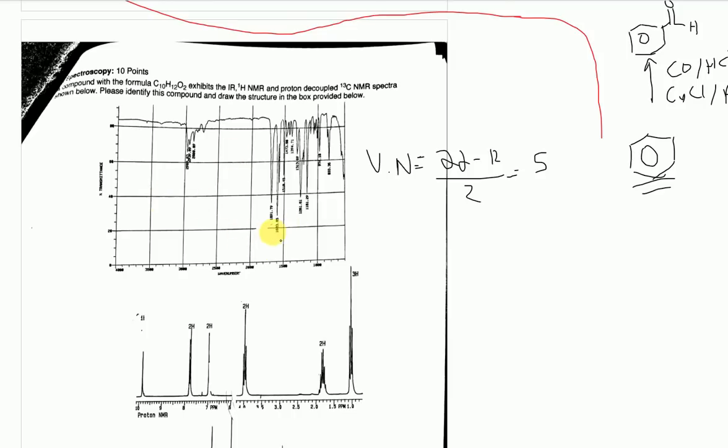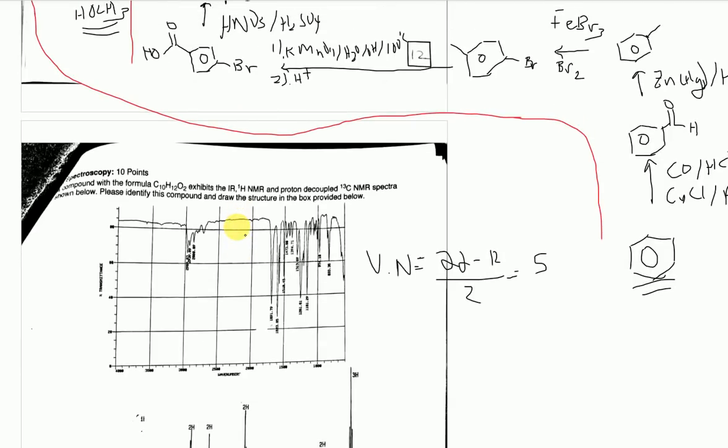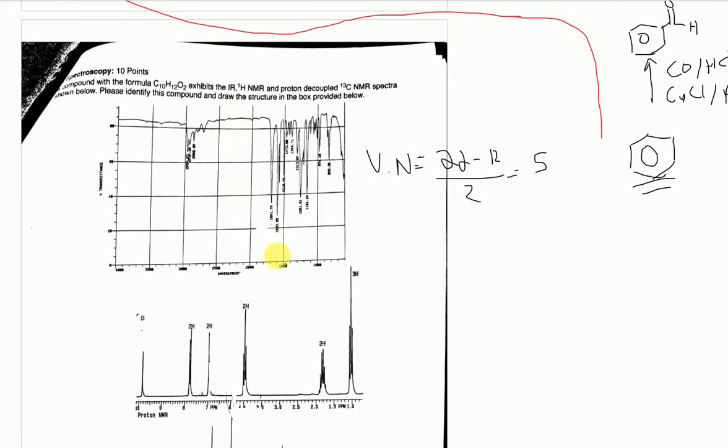Now let's check the spec. And I know it's very hard to see here, but if you look carefully, what you have is you have these 2 peaks, right? So I now have a benzene ring which accounts for 4 out of 5 of the unsaturation number. And you have one more. I have 2 oxygens.